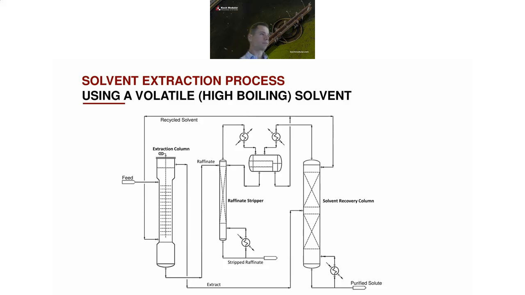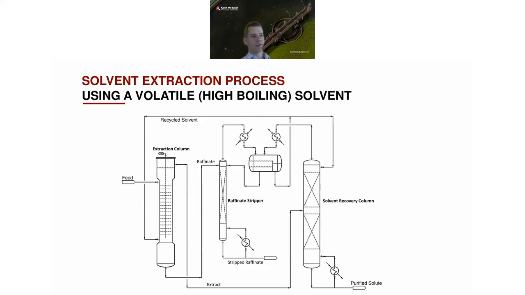So before I mentioned that the volatility of the solvent relative to water has an implication on how the downstream solvent recovery operations are designed. So if you have a high boiling solvent or a volatile solvent relative to water, a typical extraction process looks like this, where you have an extraction column, you have your aqueous feed coming in on the left, leaving the bottom of the extraction column as raffinate.